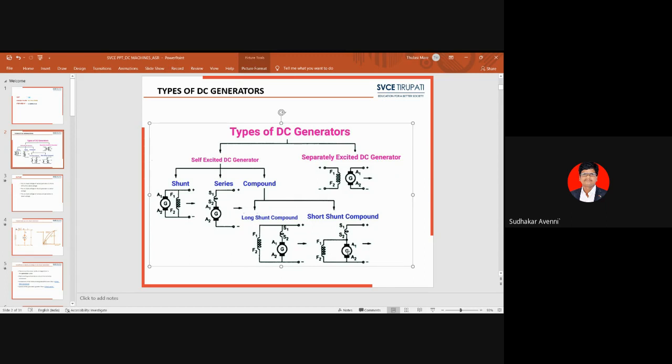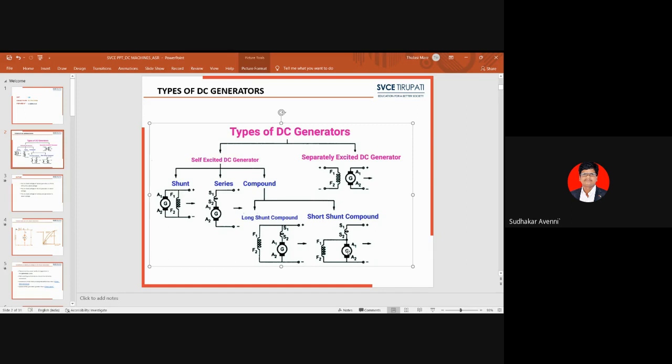There are separate applications for these generators. The shunt generator acts as a constant voltage source. The series generator acts as a booster. The compound generator is a combination of shunt and series.